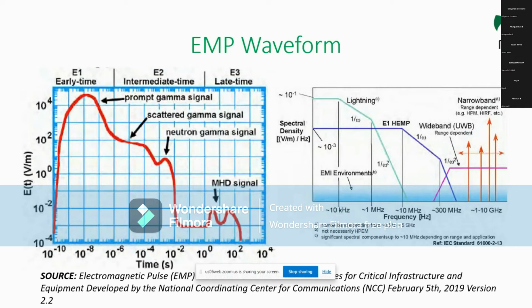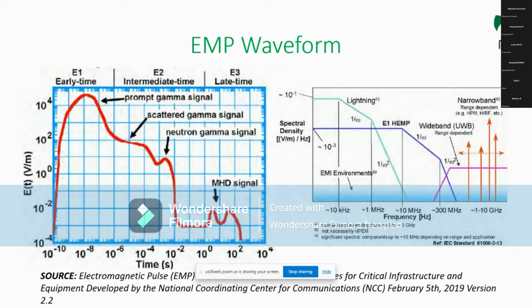As you can see in this graph, E1 has an approximate voltage gradient of 50 kilovolts per meter. That much higher voltage is there. Similarly, the approximate frequency from this graph we can find is 100 gigahertz to 1 megahertz. And the duration of this E1 EMP is 0.1 nanoseconds to 100 nanoseconds.